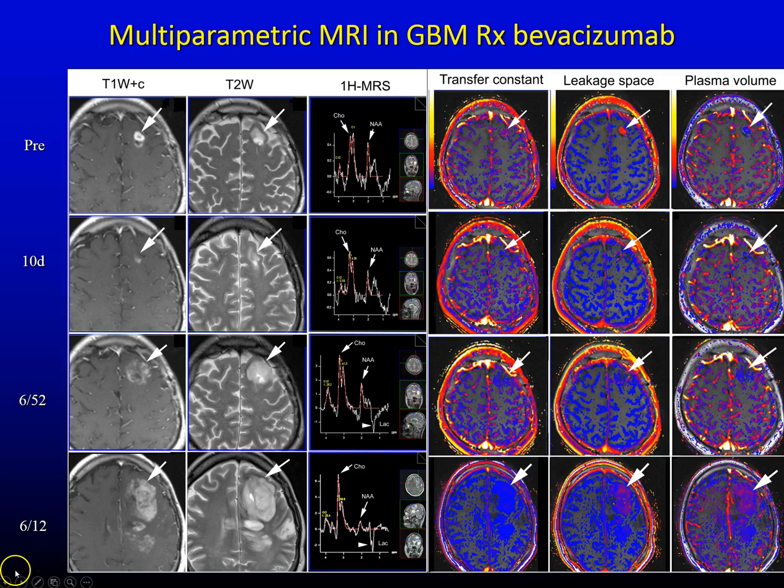What seems to increase and accounts for this enhancement that you observe is in fact the vascular volume. You can see how the vascular volume increases over time. So this is an example of what's called vascular maturation as a result of anti-angiogenic drugs.